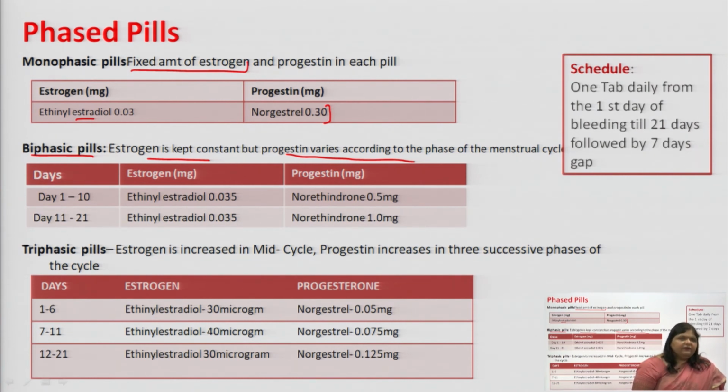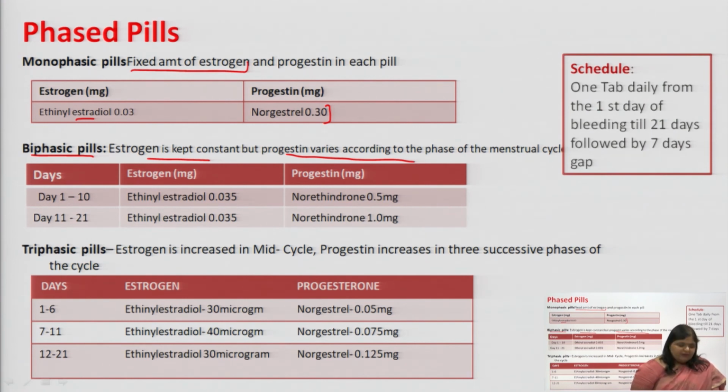Then again there are triphasic pills. Triphasic pills, again estrogen को हम mid cycle में increase कर देते हैं, और progestin जो है उसको भी हम increase करते हैं in 3 successive phases. For example, 1 to 6 day of the cycle, norgestrel 0.05 milligram और estrogen is 30 micrograms.